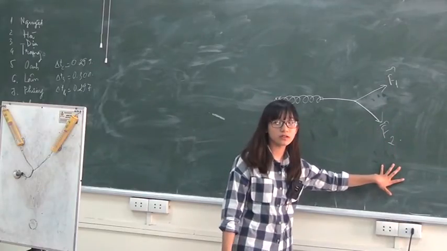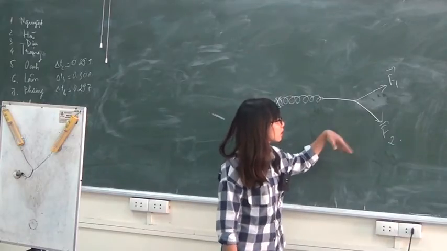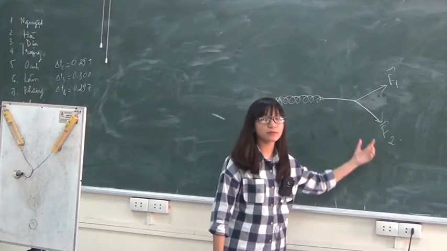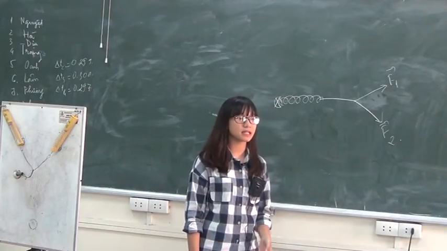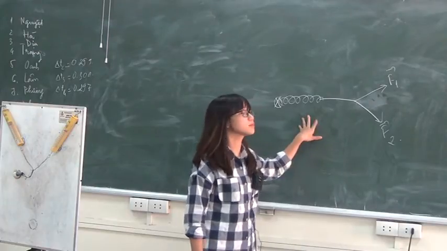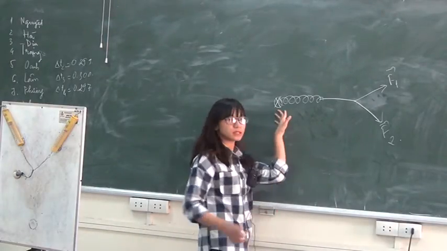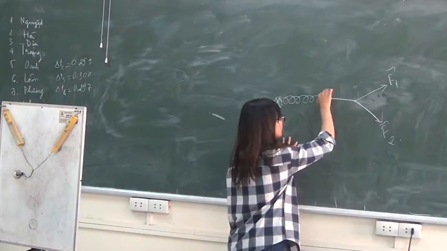So my students can easily catch the idea that we can measure the magnitude of this one and this one by dynamometer. But after we add two component forces here, we have to mark the position that the spring is deformed, because this one is fixed. So I will mark the position here.